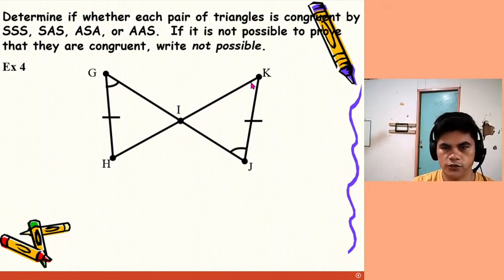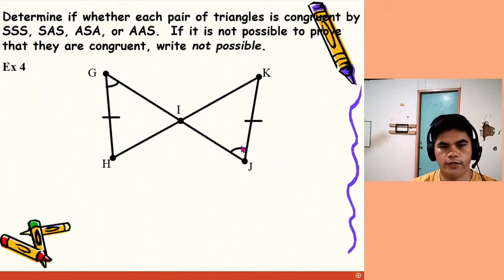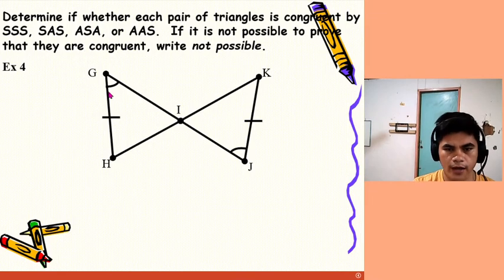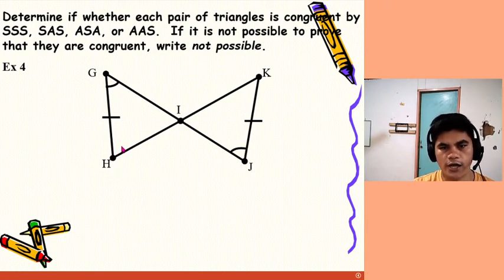So we have side GH and side KJ congruent. What else can you see congruent? We have angle G and angle J. So we have angle, side, and angle, side.